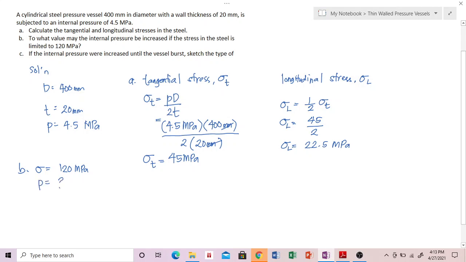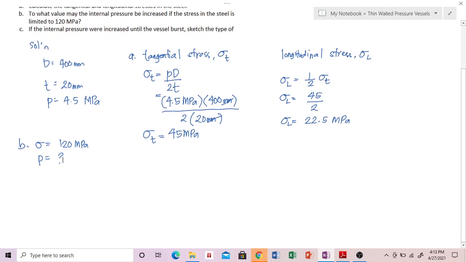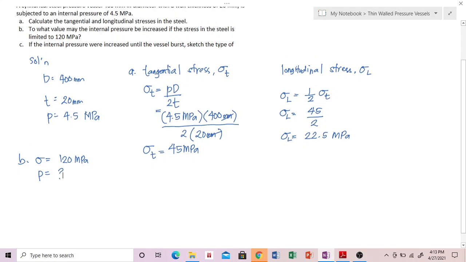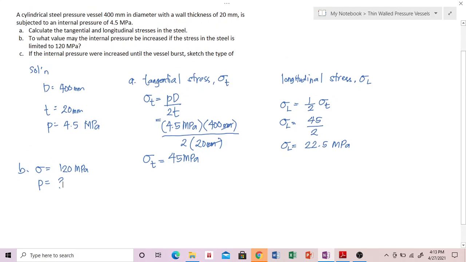Ngayon class, actually pwede mo nang gamitin is mamili ka na dun sa dalawa. Kasi, lagi naman nag-govern is the tangential stress kasi mas mauuna siyang mag-burst. No? So, ibig sabihin, yung allowable na 120 MPa, kapag ginamit mo itong tangential stress, pwede mo nang makonclude na yun yung internal pressure. Pero solve natin parehas para mas ma-realize nyo.